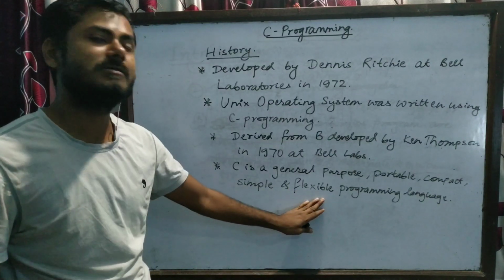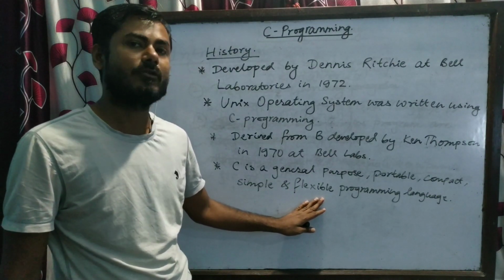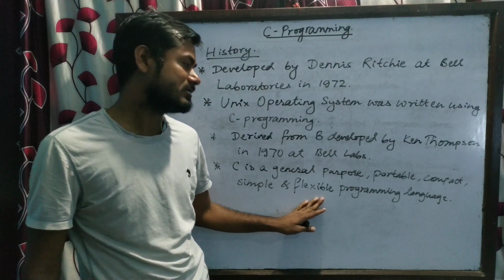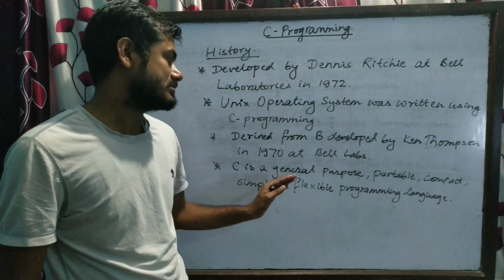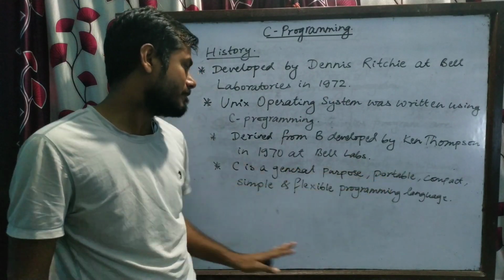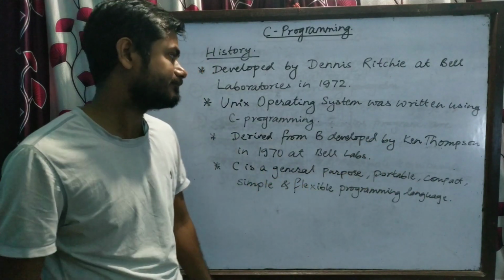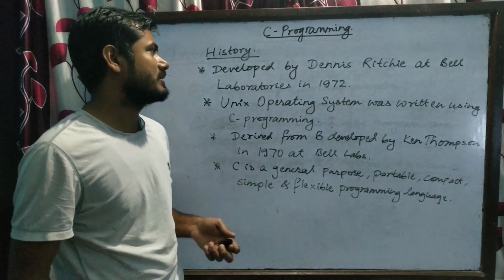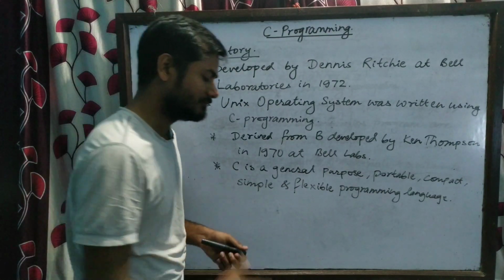And flexible as well. That means it is highly flexible: we can write programs for system software as well as application software. That's why C programming is called a general purpose, portable, compact, simple and flexible programming language. So it was all about the history and some of the features related to C programming.